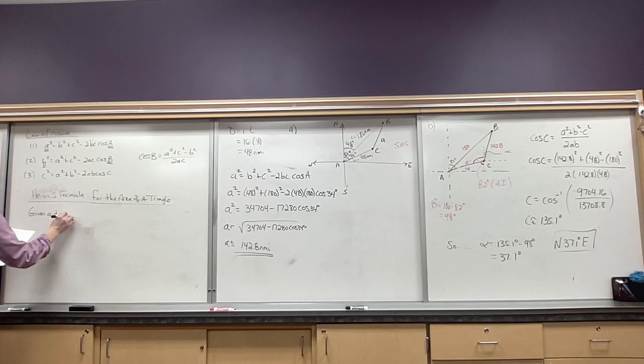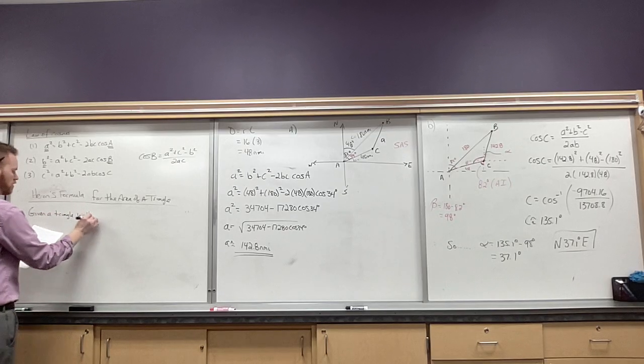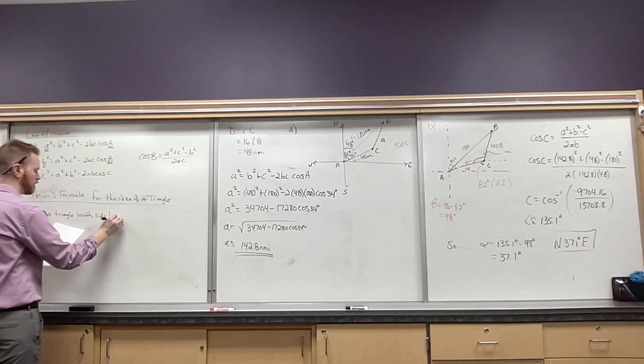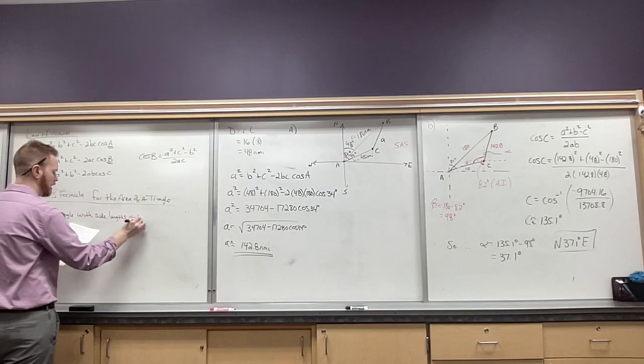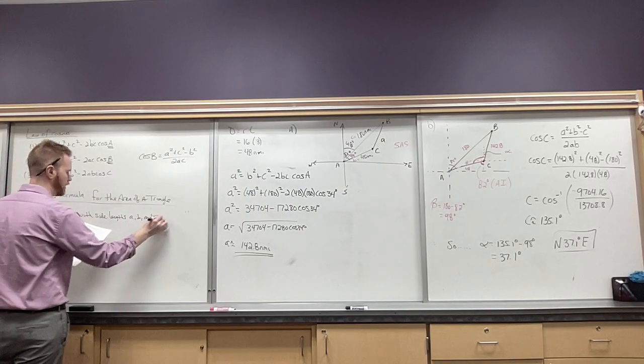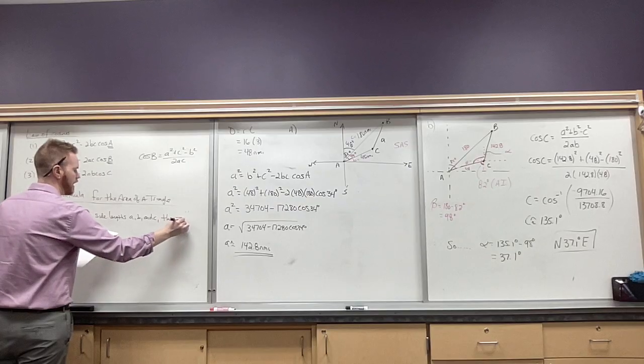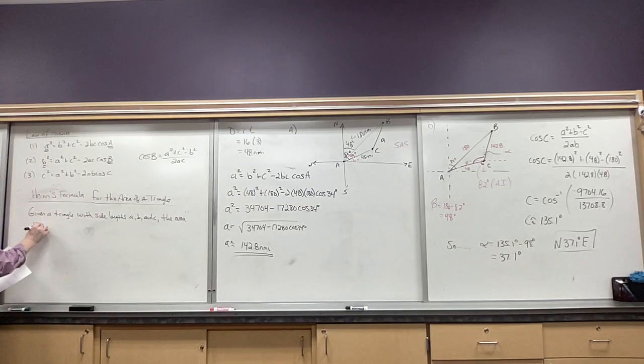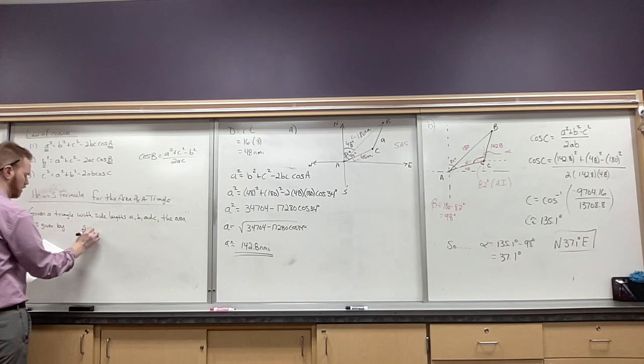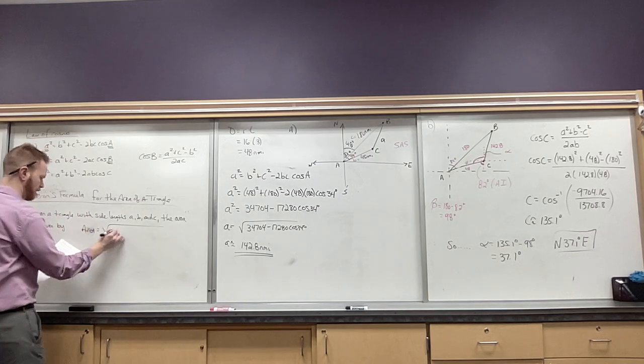So given a triangle with side lengths A, B, and C, the area is given by the following.